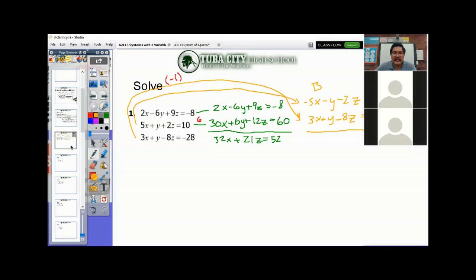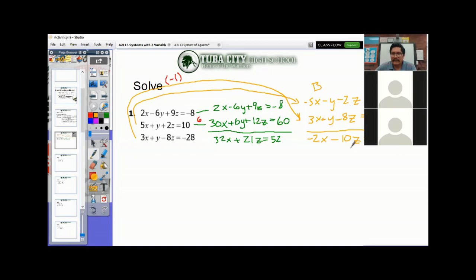That's my equation A. Now, again, I have to eliminate the same variable. So the first one lost the y. So with this group here, I have to also lose the y. Negative 2x minus 10z equals 38.